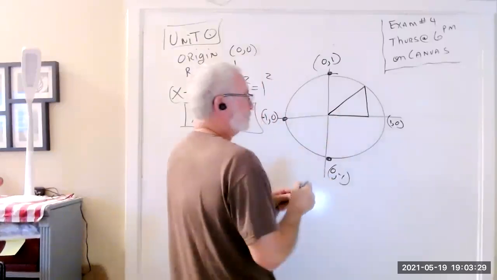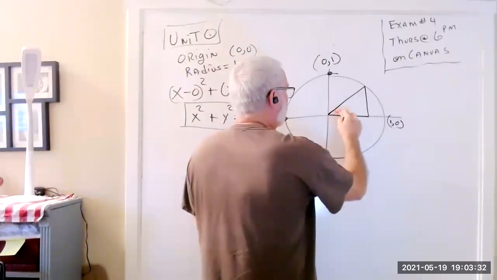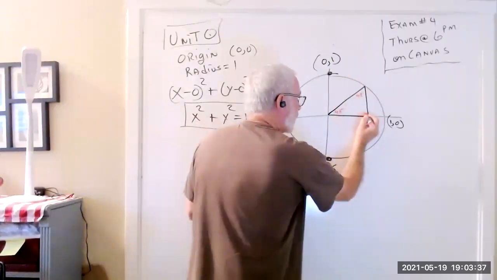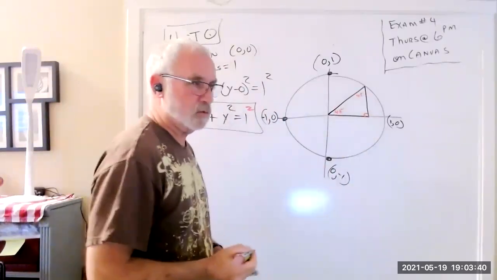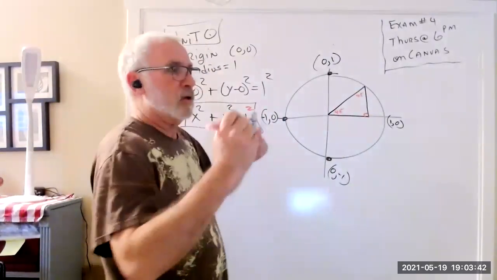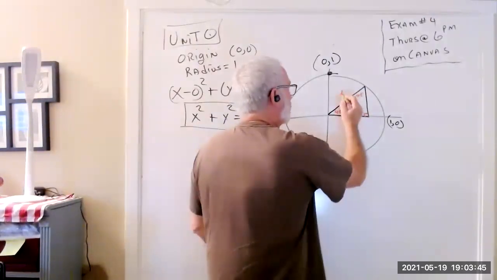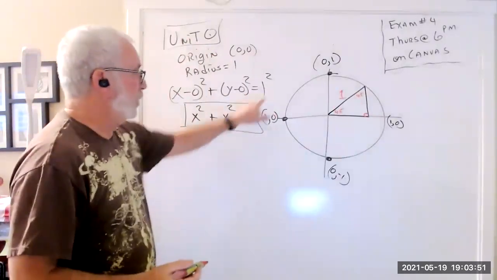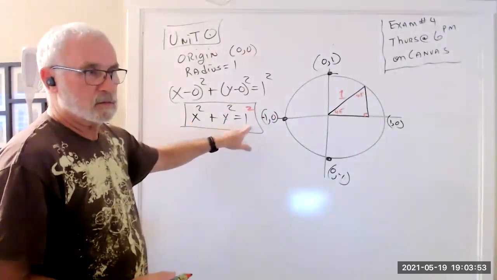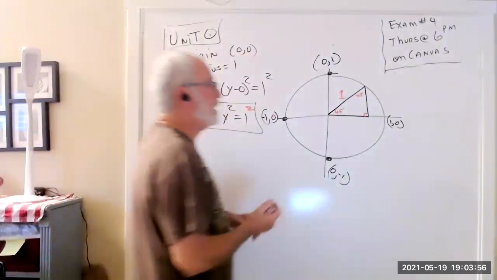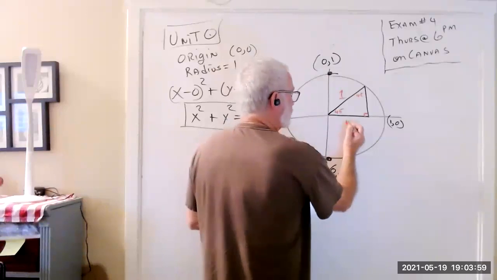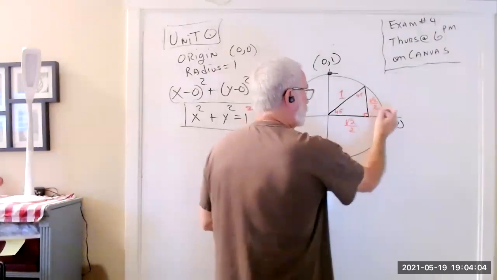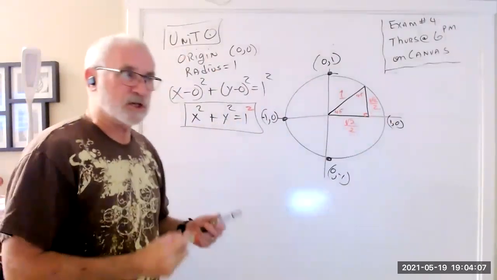For example, if this was a 45, 45, 90 and they draw that triangle right on the unit circle, then we know its hypotenuse is 1, because the radius is 1. And we know, because we just did the math, that this side is the square root of 2 over 2, and this side is the square root of 2 over 2.